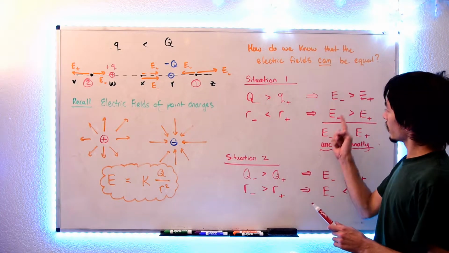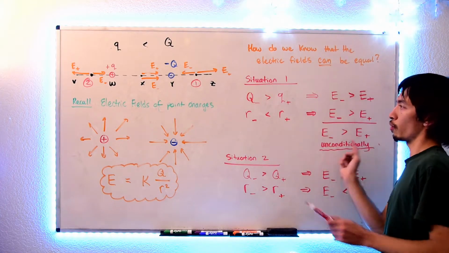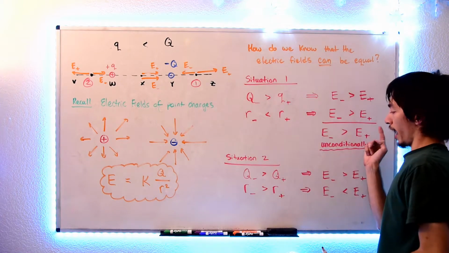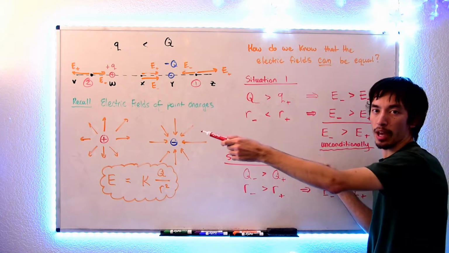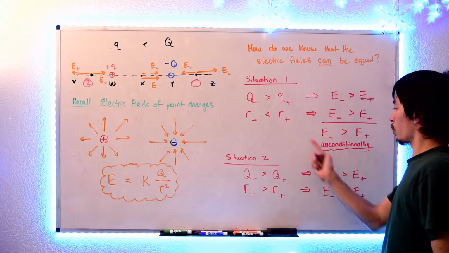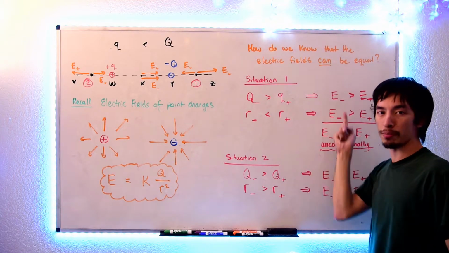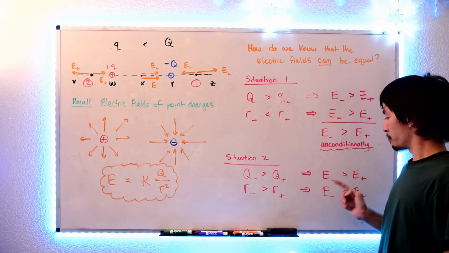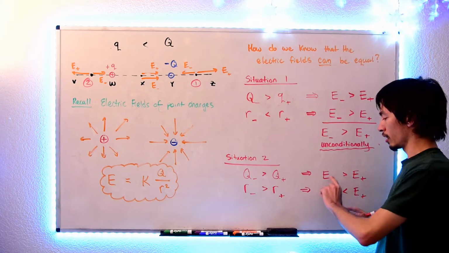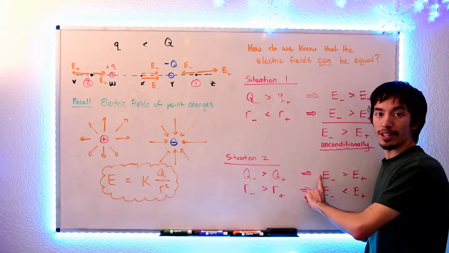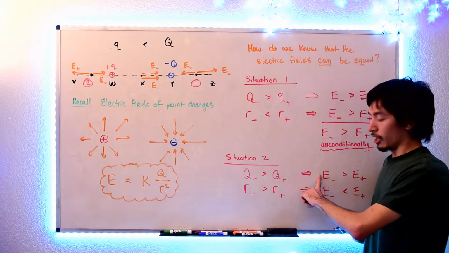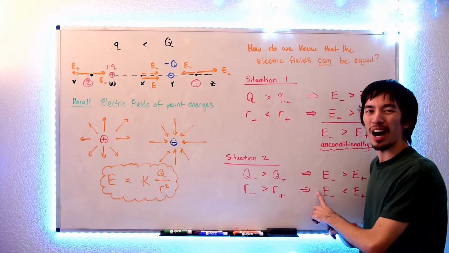The difference between the top situation, situation 1 on the right side, and situation 2 on the left side, is that situation 1 is unconditional. There was an electric field from the negative charge always being bigger, no matter what. But in this situation, the charge tries to make the negative one bigger, but the distance tries to make the positive one bigger.